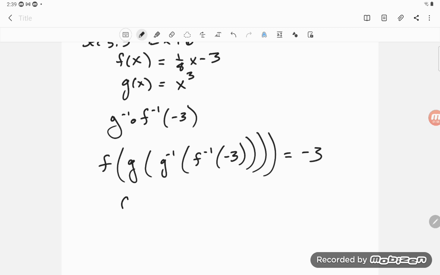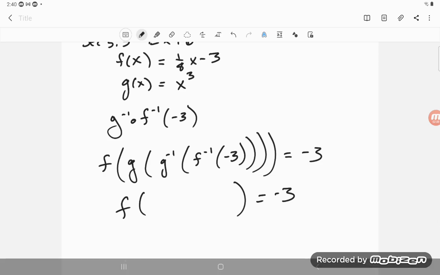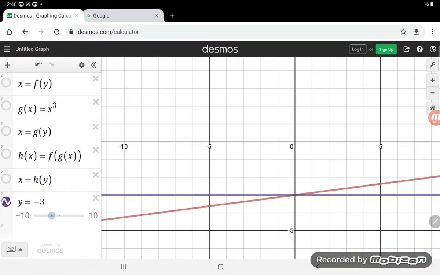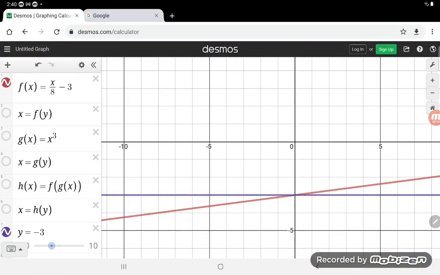So I've got f of something is equal to -3, all that stuff in there. Well, what's the value of that? Here's f of x right there. And I put in a y equal -3, and they intersect right there at 0, -3.